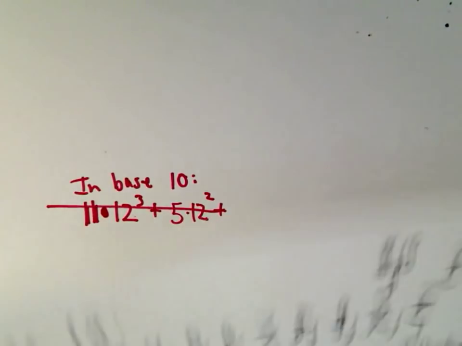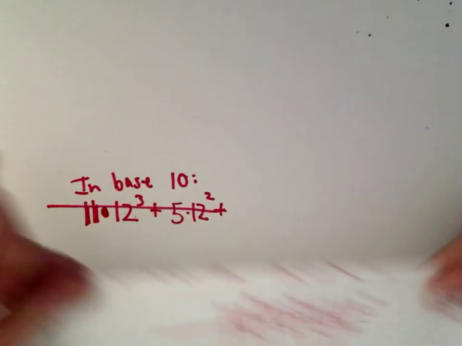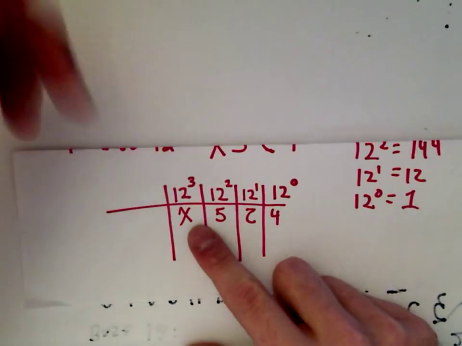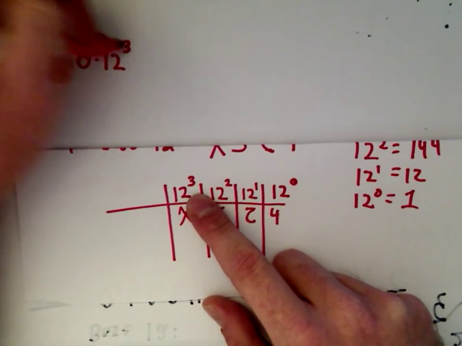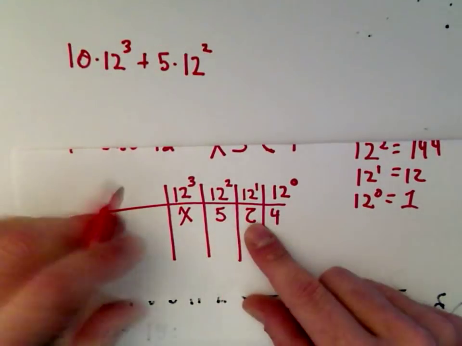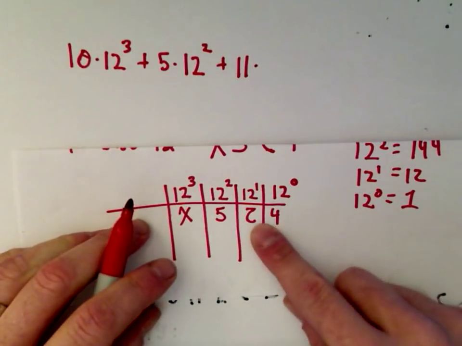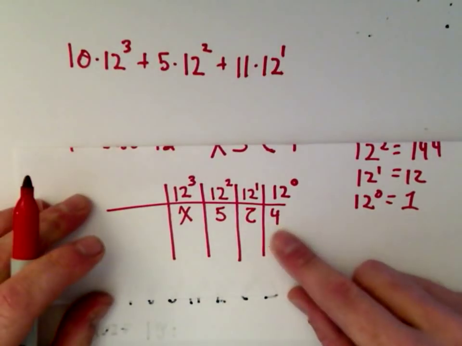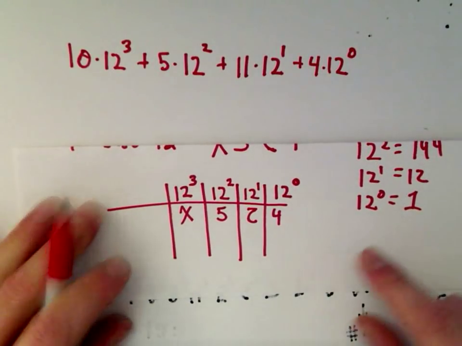I got ahead of myself. Our x represents 10, not 11, excuse me. So let's do this one more time. That's why I wrote them out. I'm not familiar with these symbols. I should remember the x at least. So it says we've got 10 of our 12 to the third powers, plus 5 of our 12 to the second powers, plus our upside down 2, that represents 11. It says we have 11 12 to the first powers, and then 4 of our 12 to the 0 powers.